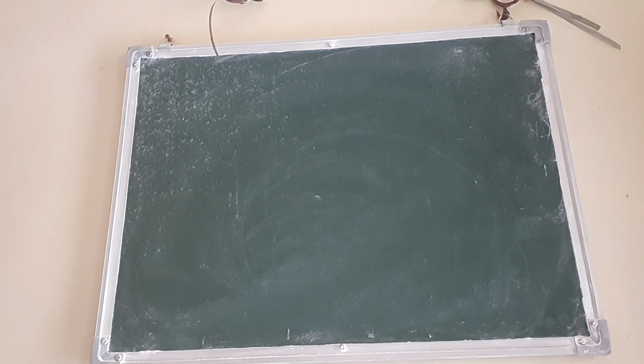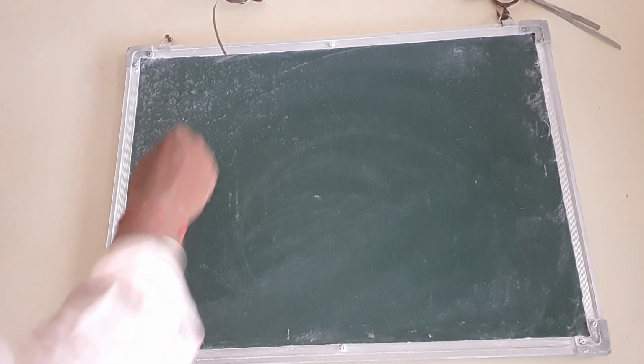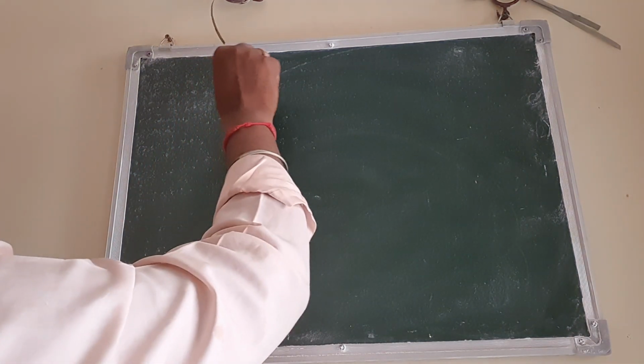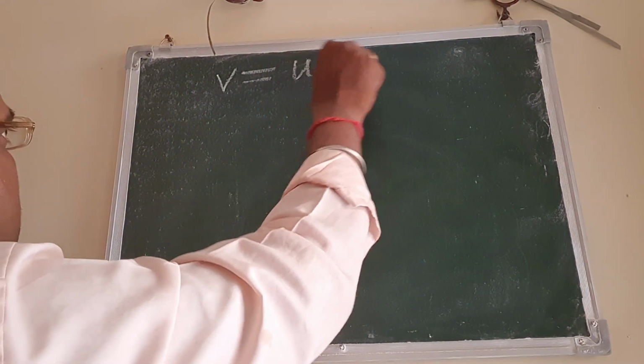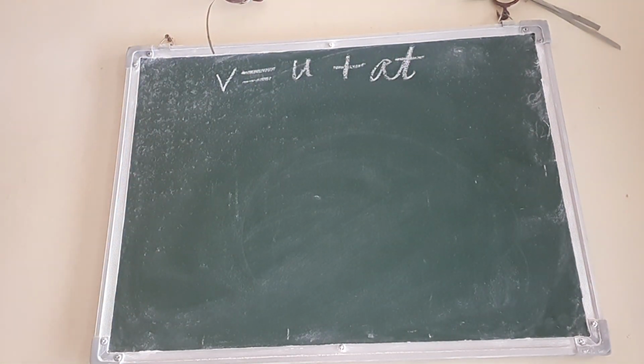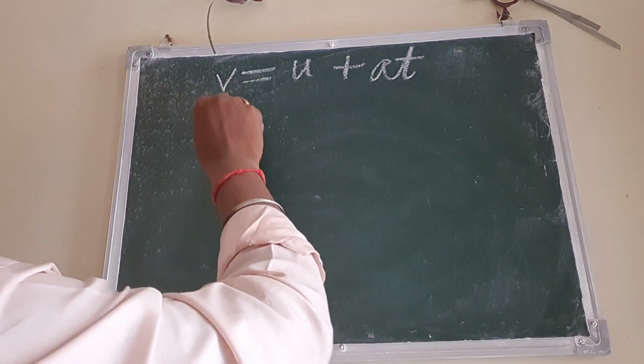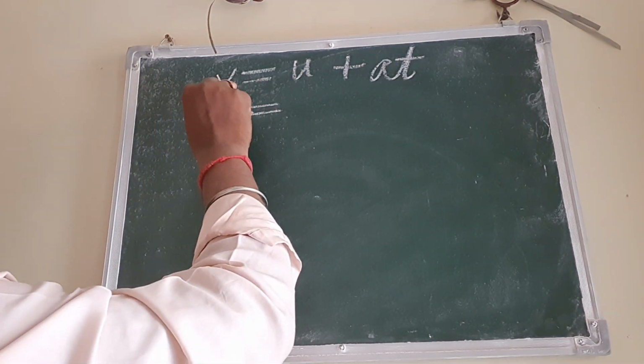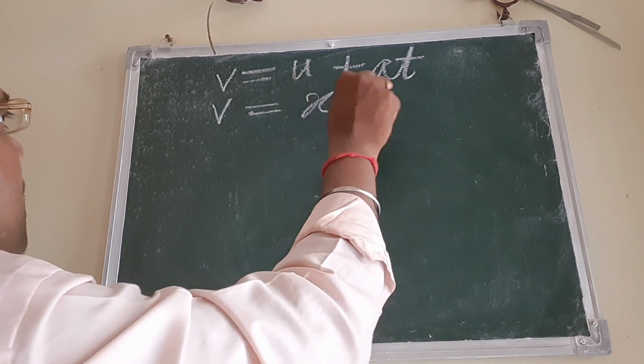Another type of question that comes in exams is, suppose this is our first equation, v is equal to u plus at. This is the first equation of motion. Suppose v is equal to x plus at, where x is an unknown parameter.